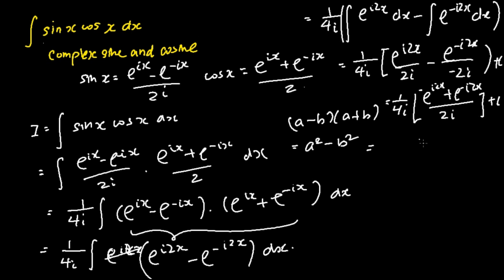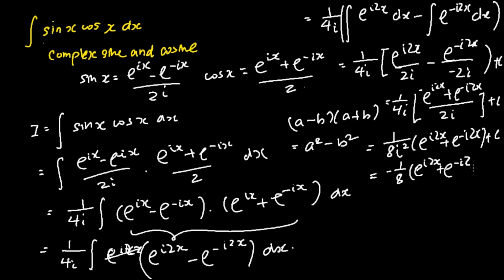And we factorize the 1 over 2i, we get 1 over 2i squared, e to the power of i2x plus e to the power of negative i2x. And i squared, basically in complex numbers, is the same as negative 1, and we get 1 over 8 times negative 1, e to the power of i2x plus e to the power of negative i2x plus c.